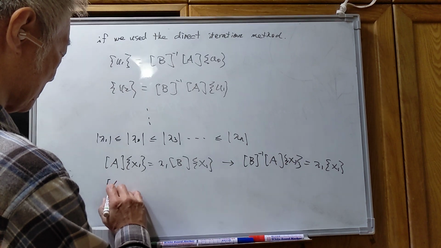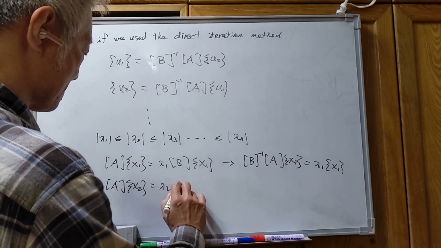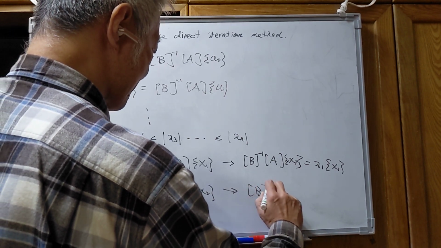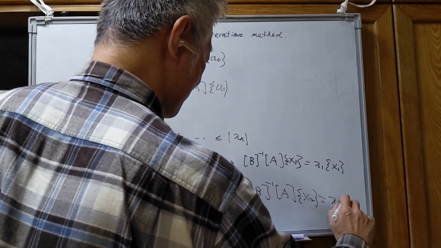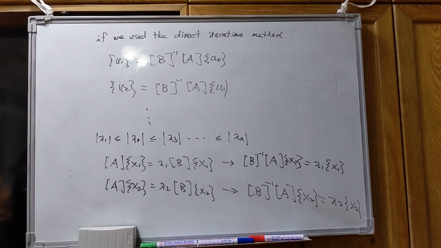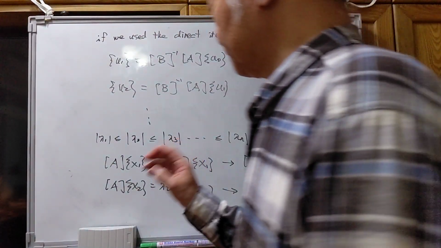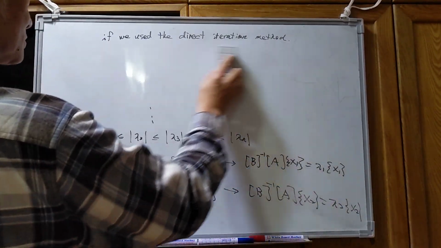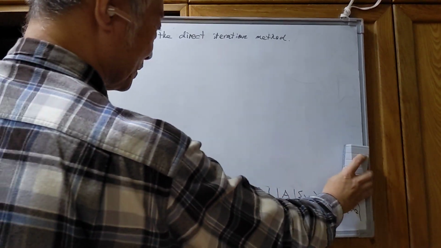And also B inverse A x2 will be equal to lambda 2 x2. So that's what we can calculate for the direct iteration method.